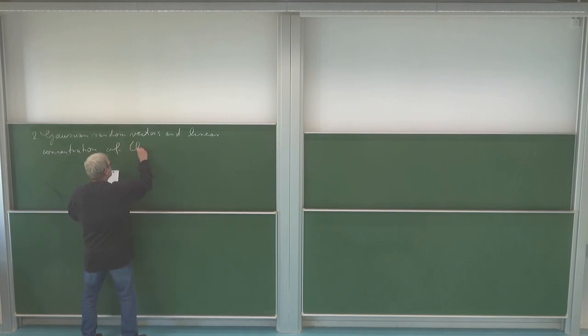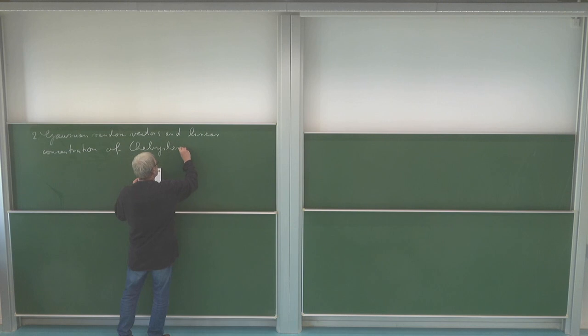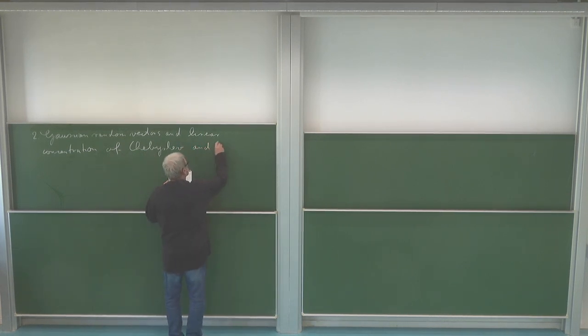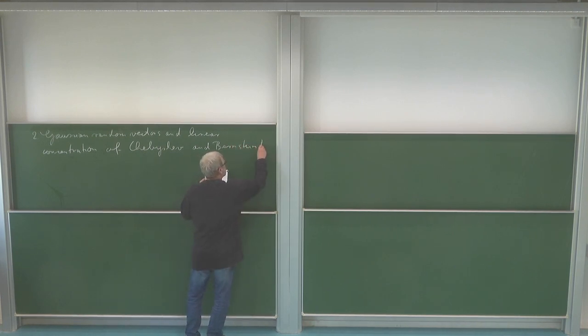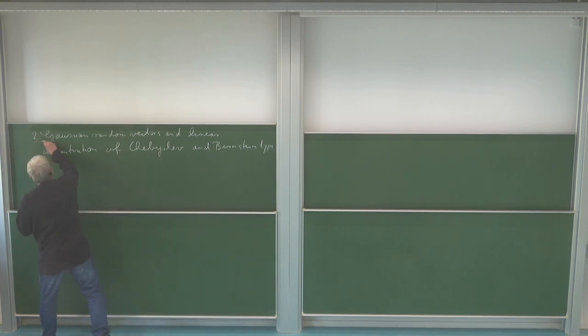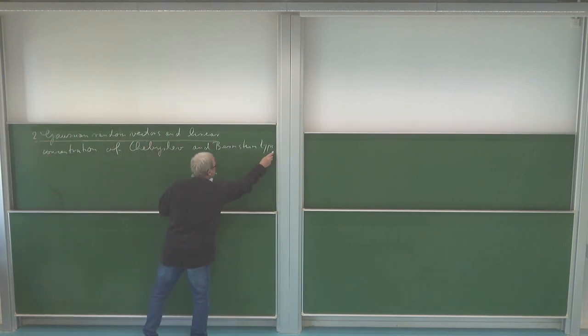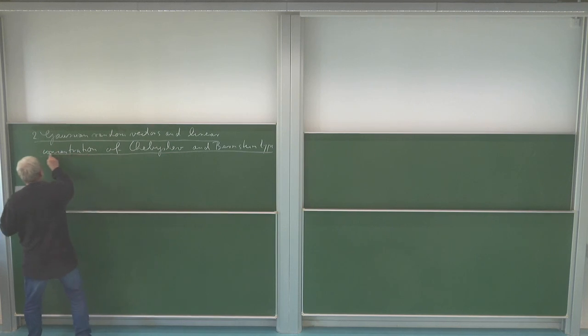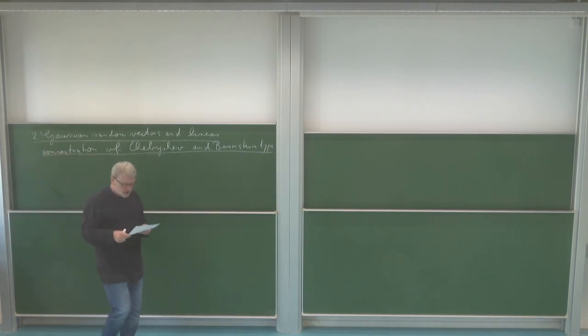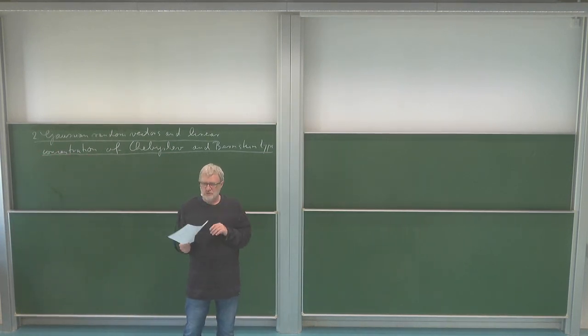Names which usually go with this are Chebyshev inequality and maybe also more general Bernstein type. Good. Okay, so I will explain what this means, but let me first talk in general about our situation. I mean, also the situation, what do we integrate, what are our measures, and so on.